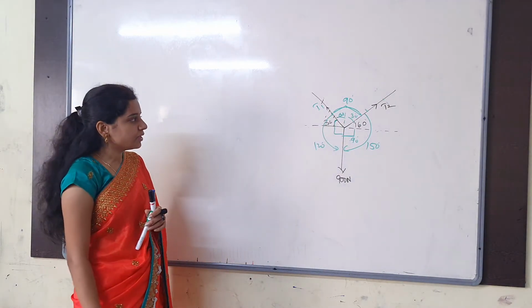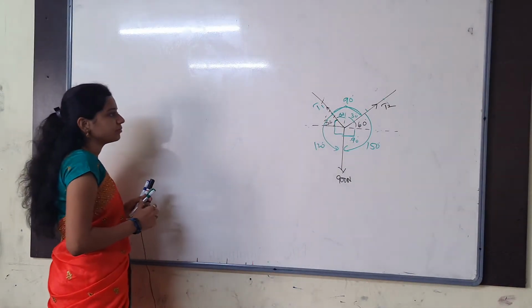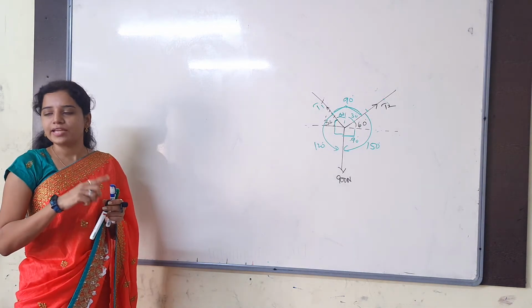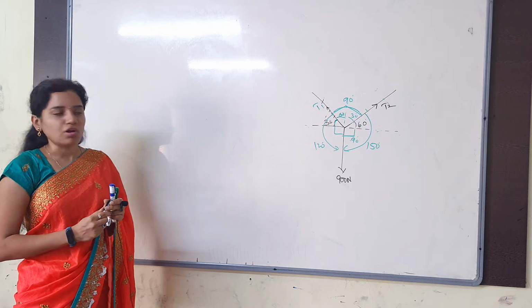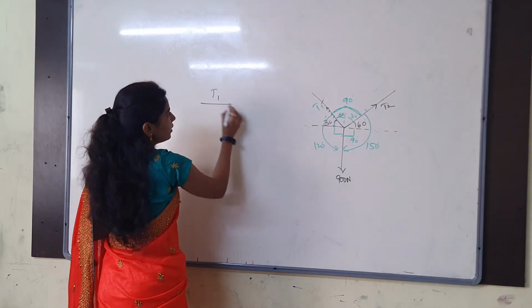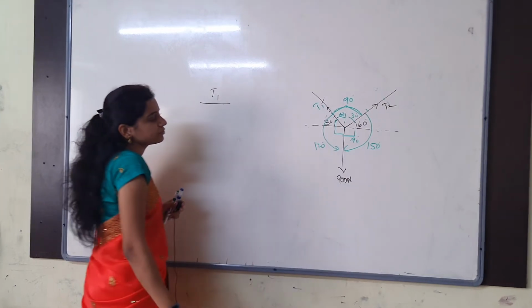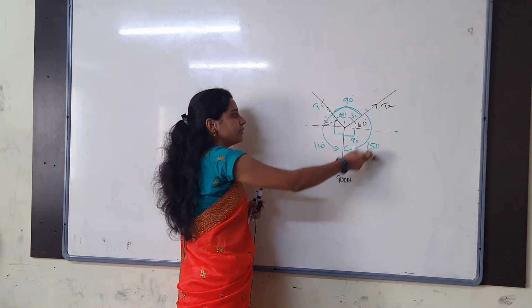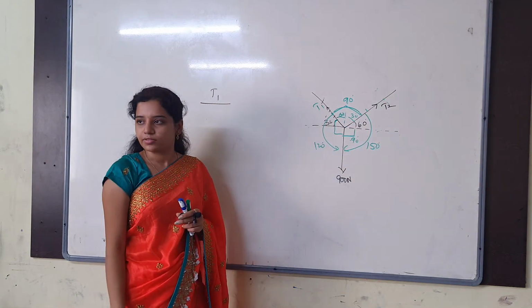120 degrees. Now, as per Lamy's theorem, what does Lamy's theorem state? The force divided by sine of the opposite angle is equal to a constant. So, let me take force T1. T1 by sine of T1's opposite angle, which is how much? 150. Not only 90, you have to take the angle between the vectors, I said. Okay, na?